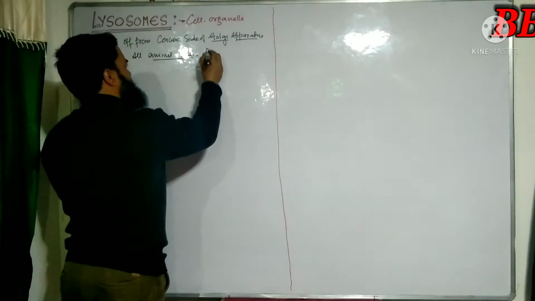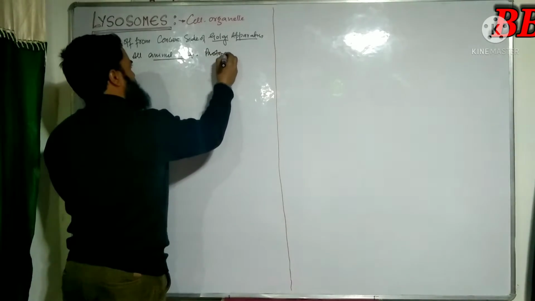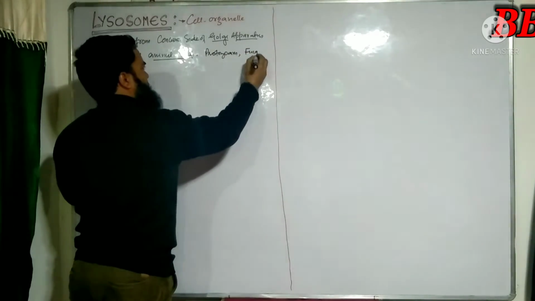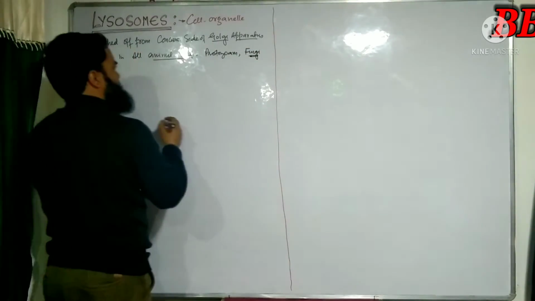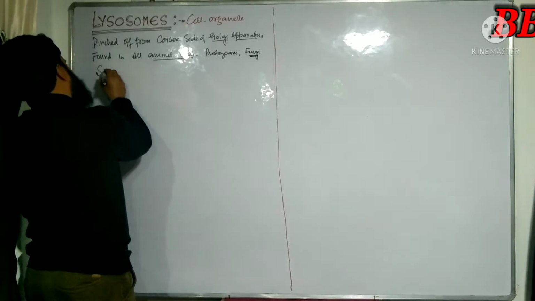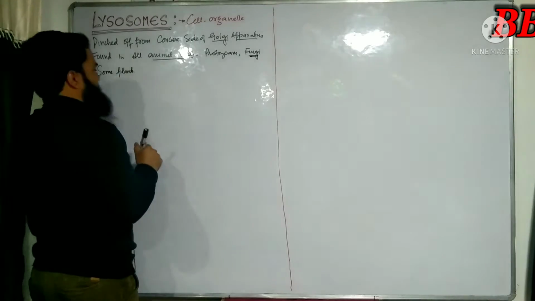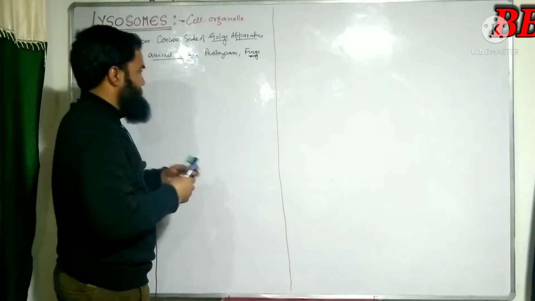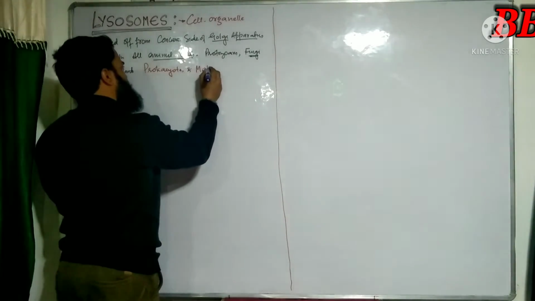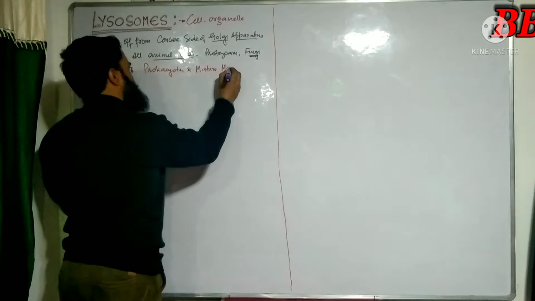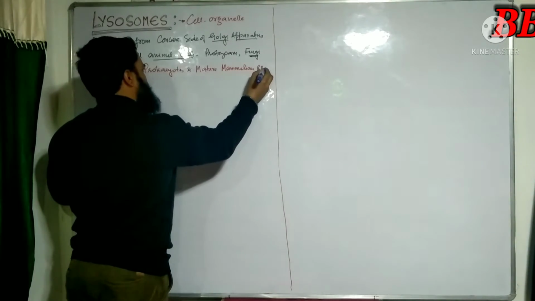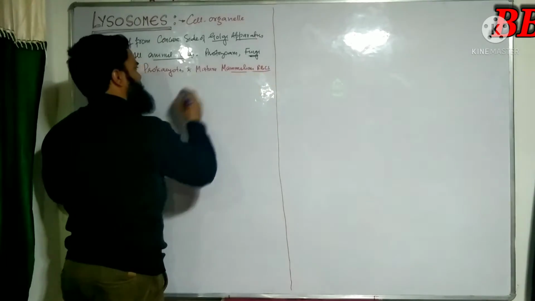It is found in protozoans, it is found in fungi, and it is found in some plants, but lysosomes are absent in prokaryotes and mature mammalian RBCs. Remember this point as well.